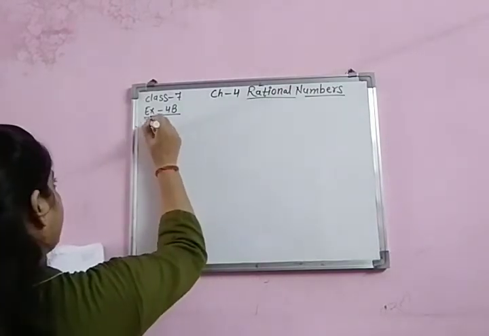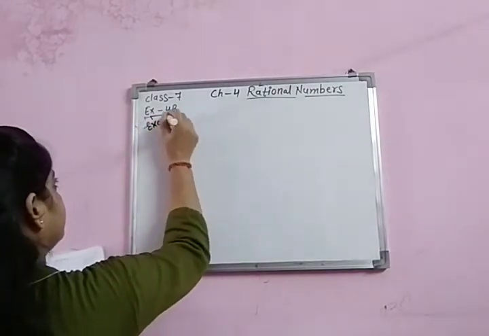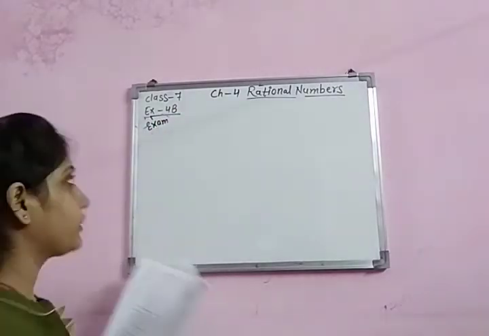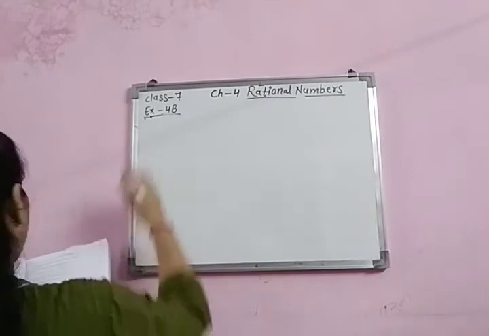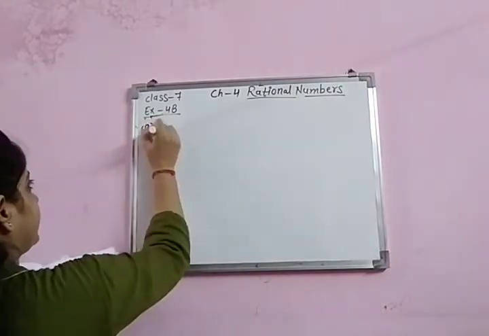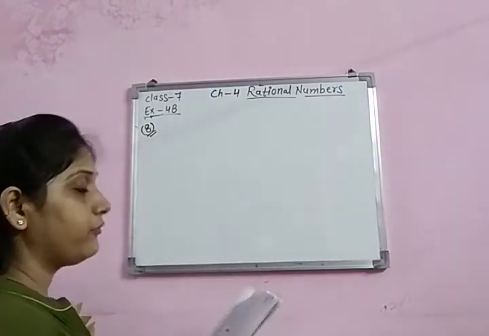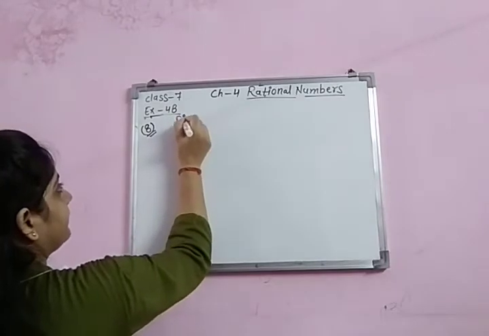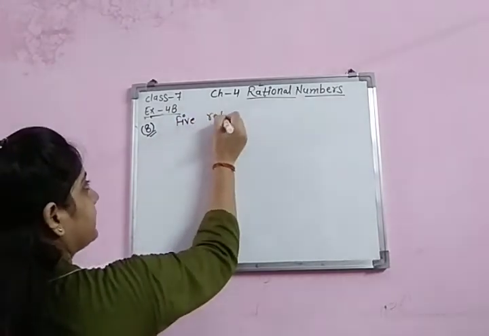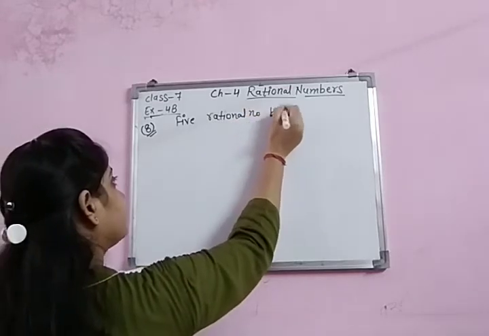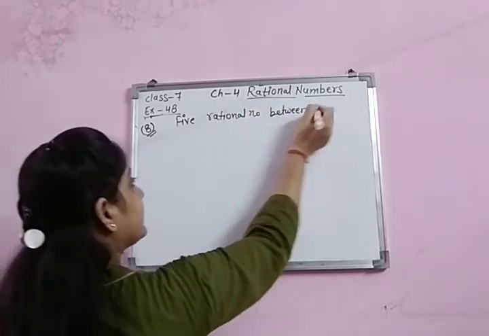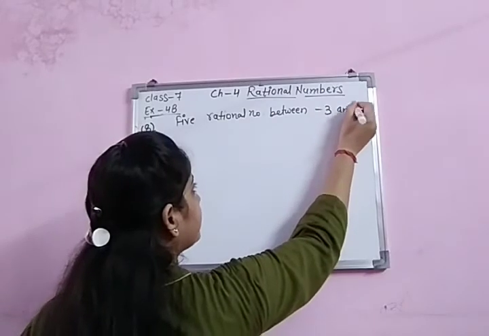So I'm sharing an example with you. Okay, let's do the question. From exercise 4B, it's question number 8. Find 5 rational numbers between minus 3 and minus 2.